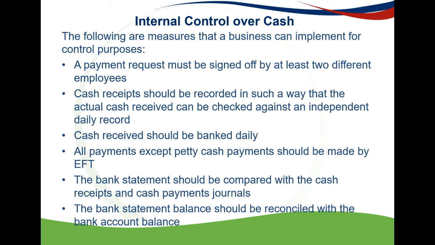You will see that there is a payment on your bank statement that's not reflecting in your cash payments journal, and you can't find any payment advice, then you will know that this was unauthorized, or it can be that the person just forgot to record it. So it can be an error, or it can be detection of fraud.